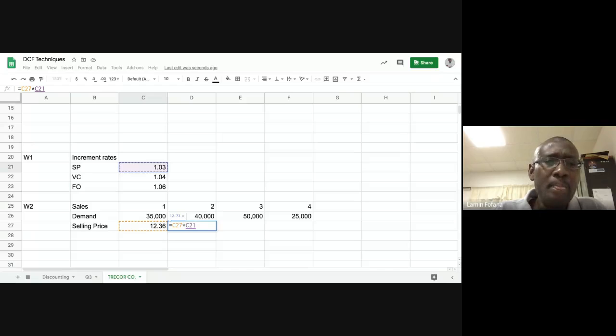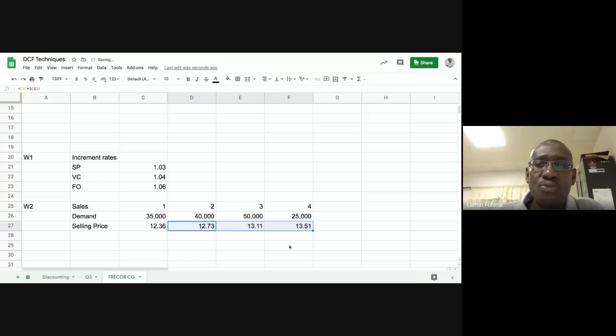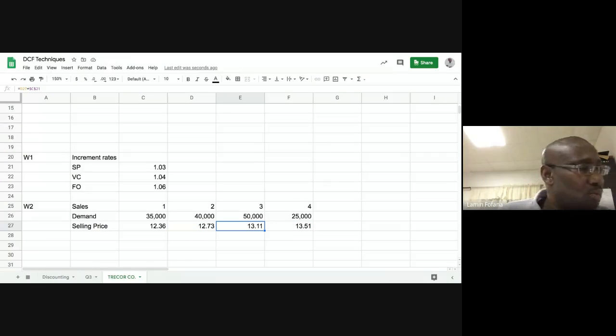By prefixing the cell reference with a $ sign. Once you click on this, you press your F4 key. For keyboards that have an FN key, you have to press and hold the FN key and at the same time press F4. Then you enter, and now you can replicate. It's going to work for all of them. So 12.73, 13.11, and 13.51.